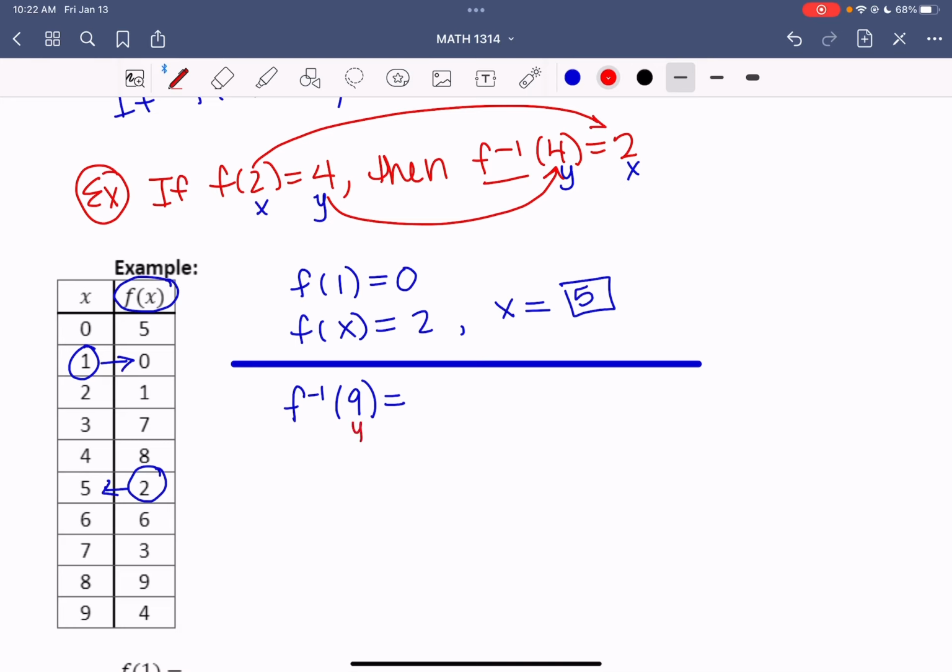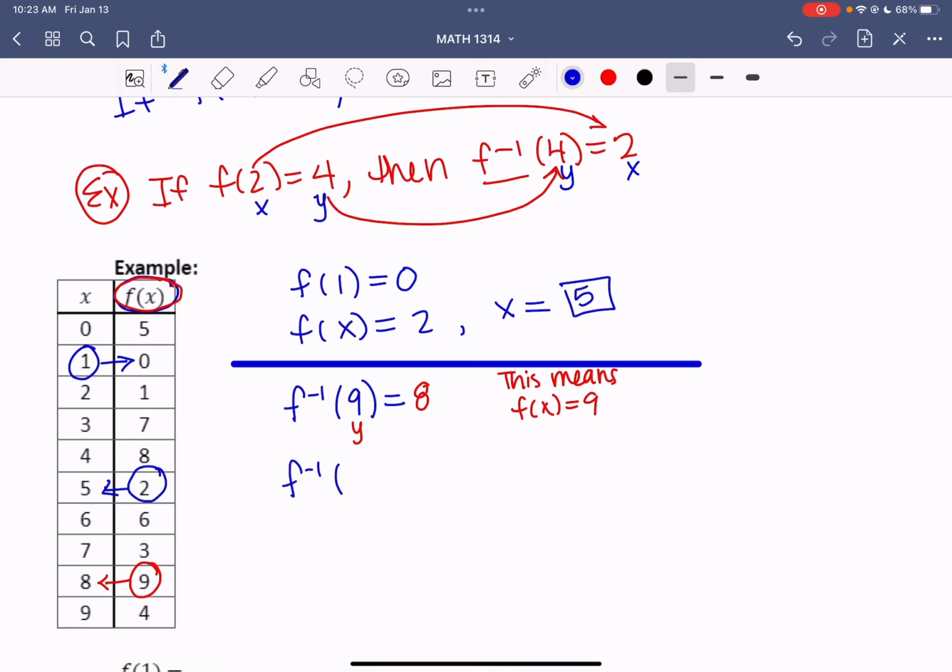So f inverse of 9 means this is a y value, so f of x is equal to 9. You go to your f of x column and go down to wherever you find 9. And what is that value? That is 8. So you kind of have to switch your mindset when you're reading a table.